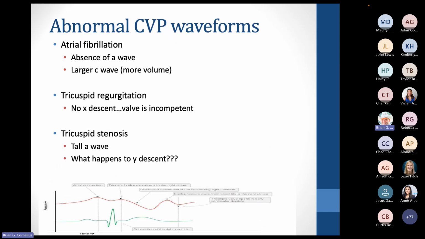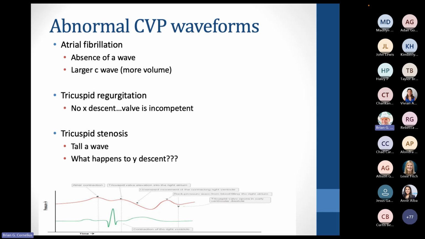So some things to think about that can cause weird CVP waveforms. If you have somebody that's got AFib, because you don't have that consistent atrial filling, you may not have an A wave. Likewise, you may have a larger C wave because there's more volume in there when it finally contracts. If you have somebody with tricuspid regurg, you may not see an X descent because the valve is incompetent, so you don't have consistent filling there.